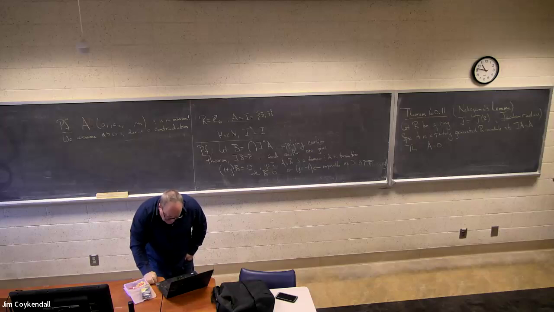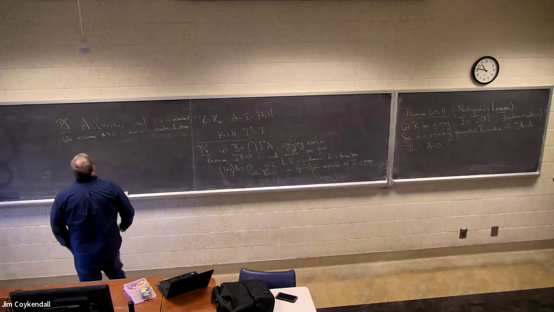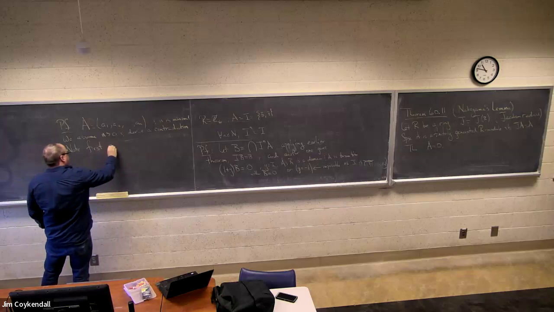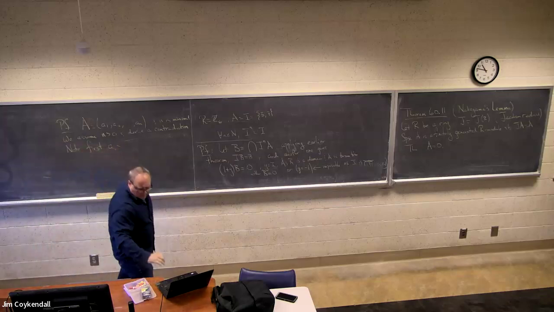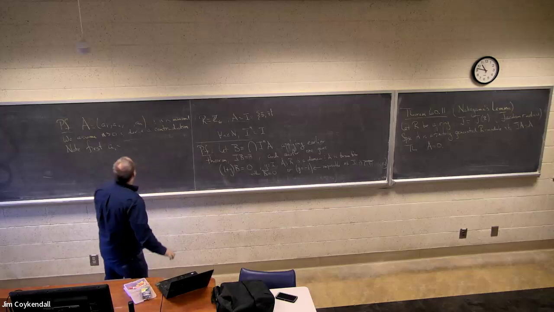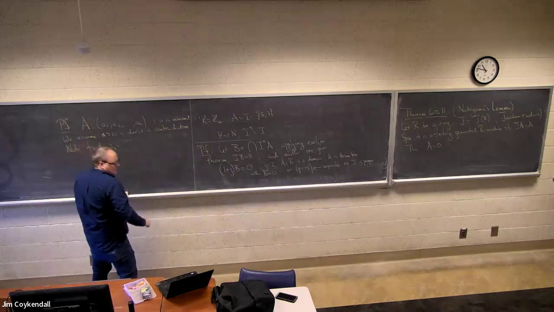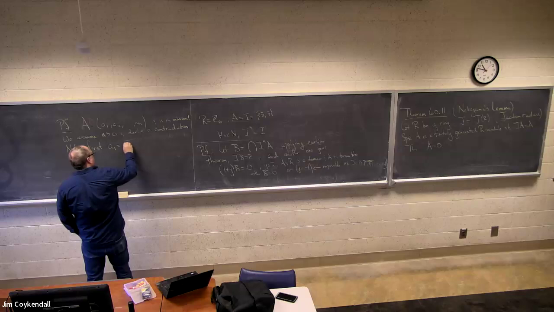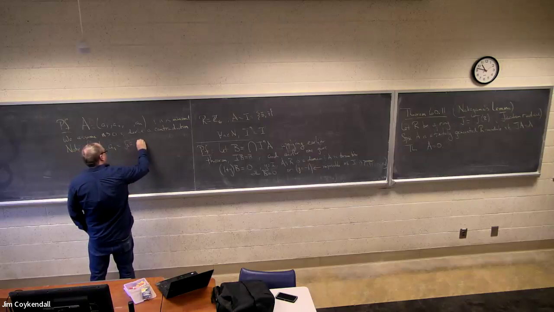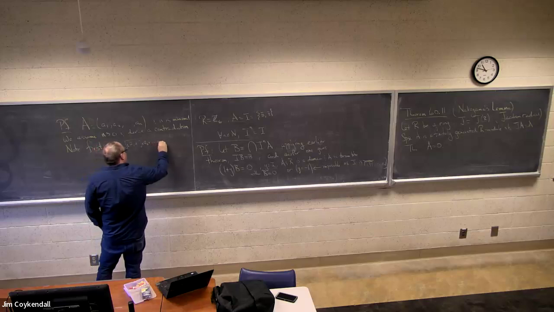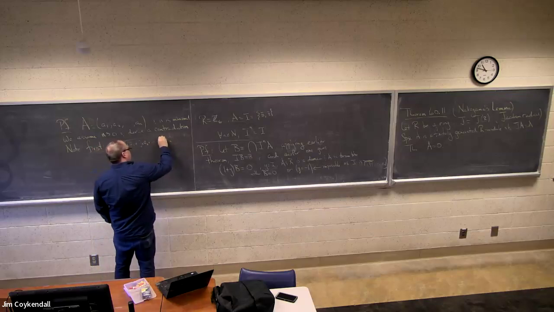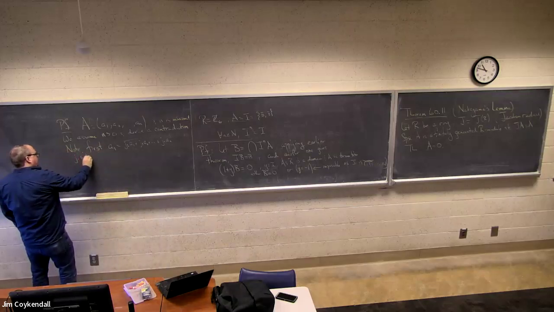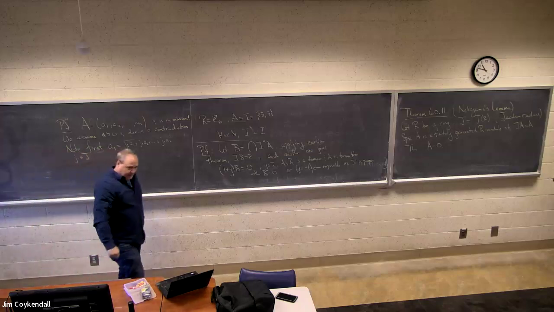First note that A is equal to J1 A1 plus J2 A2 plus JN AN, with each Ji in J. Right?